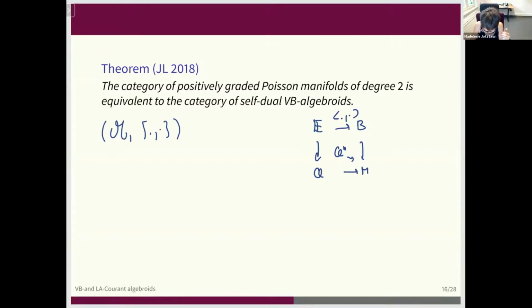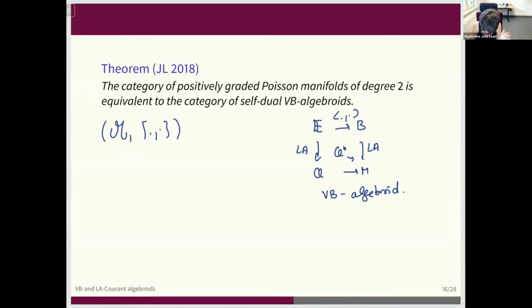But at the end of the day, you get a Lie algebroid structure on B, a Lie algebroid structure on E over Q, such that this whole thing is a VB-algebroid, so compatible with the linear structure, and it's also compatible with the metric, in the sense that if you dualize the VB-algebroid over B with the metric, it's going to be isomorphic to itself.